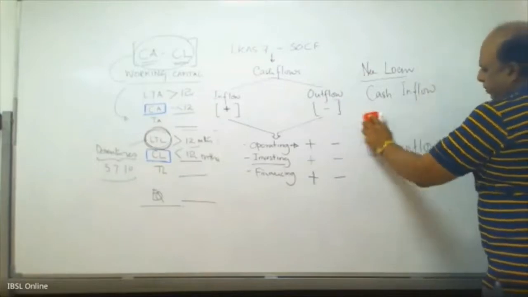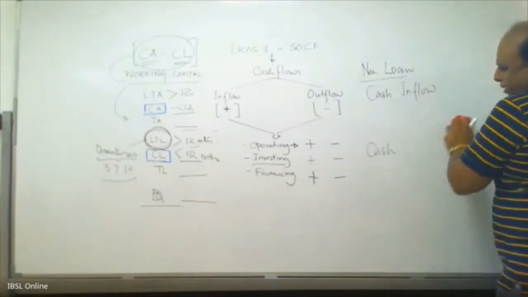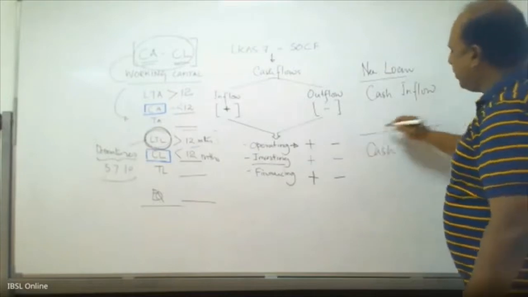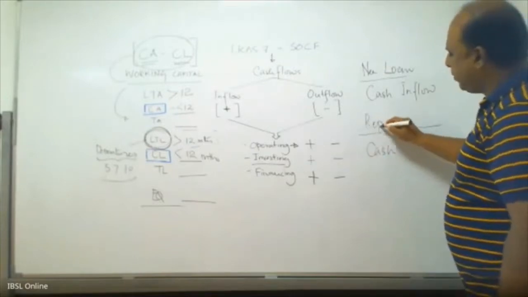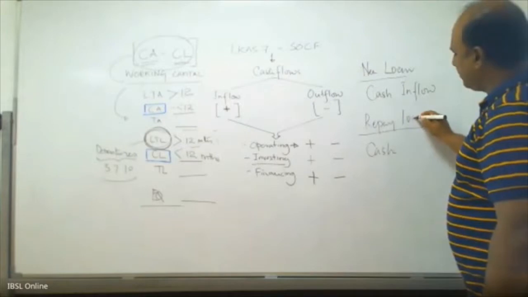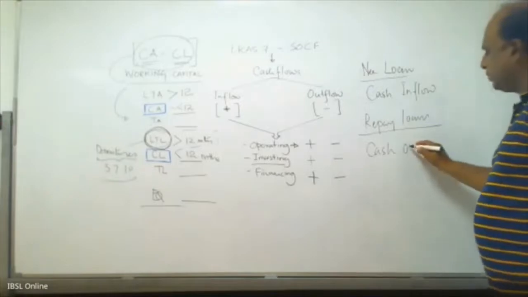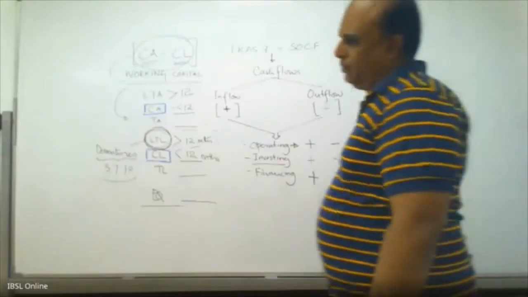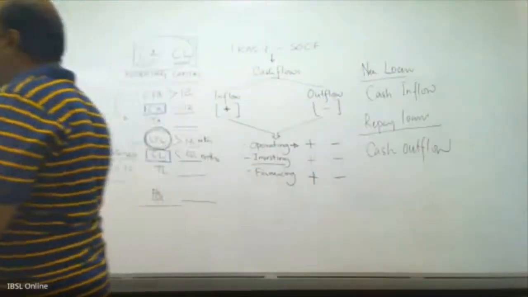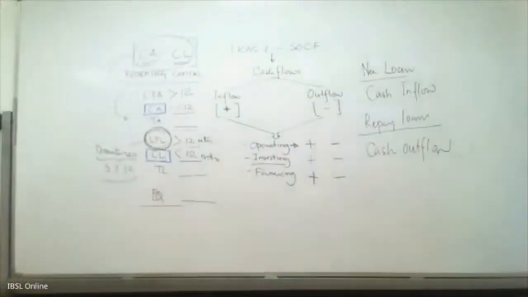But when you repay the loan, money has to go out. So there will be a cash outflow. These are the basics. If you can know these, you can play with the statement of cash flow. The basics have to be understood.